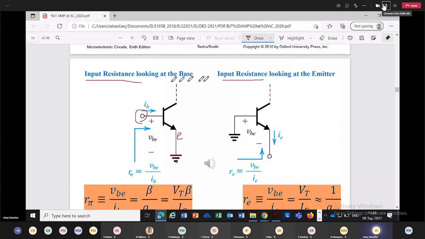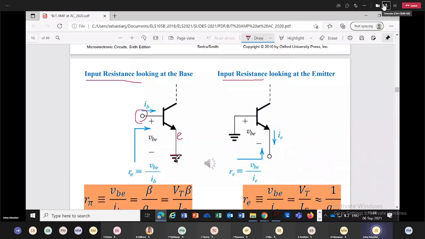In this kind of connection where the emitter is at the ground terminal, what is the ground terminal? It is called the common terminal. Remember, when we did the three configurations of a BJT, there is one terminal used as a common between input and output.